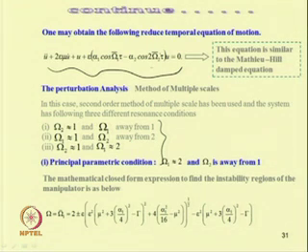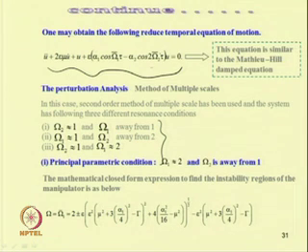But in this case we can have 3 resonance conditions, and we can study those. In one case omega 2 is nearly equal to 1 and omega 1 is away from 1. The second case is omega 1 nearly equal to 1 and omega 2 away from 2, and in the third case we can take the simultaneous one, where we consider omega 2 nearly equal to 1 and omega 1 nearly equal to 2.